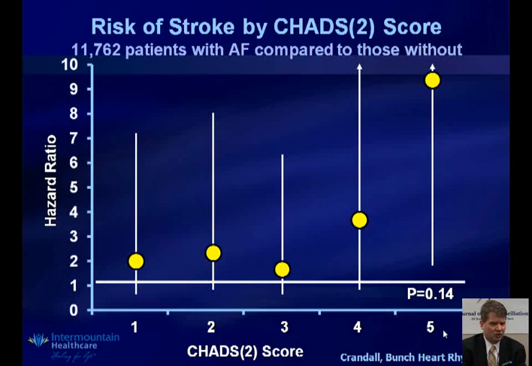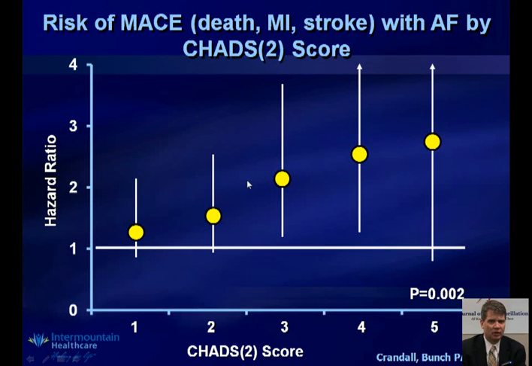And what we found was across all 5 CHADS scores that there was an increased risk of stroke in patients that have atrial fibrillation, and as we gain more CHADS scores, that becomes substantially higher. But patients in general were found to have much higher risk if they had atrial fibrillation.